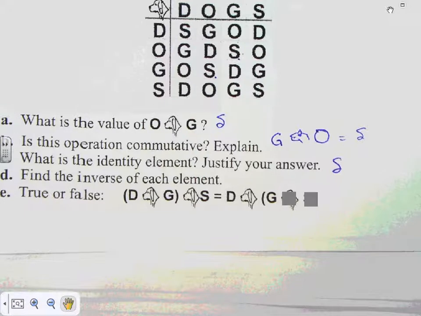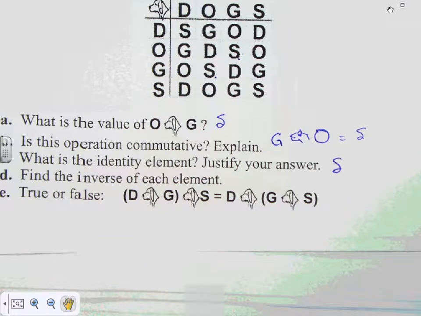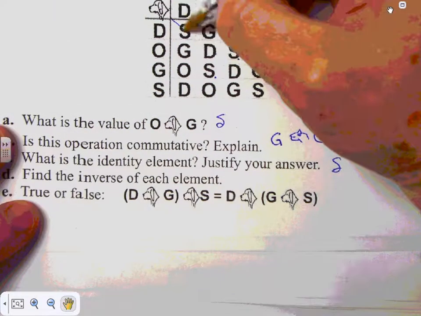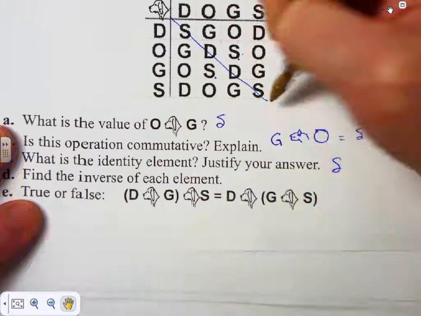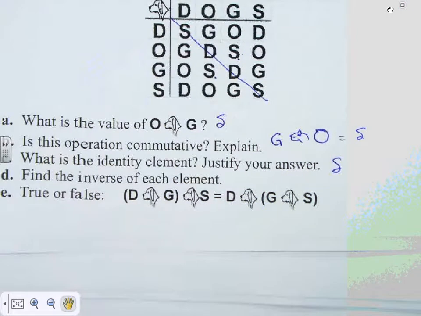And now we're looking for the inverse of each element. Now, the inverse is going to be when you get symmetry, meaning matching, over the diagonal. So if I were to do a diagonal through my table, is there symmetry on either side?